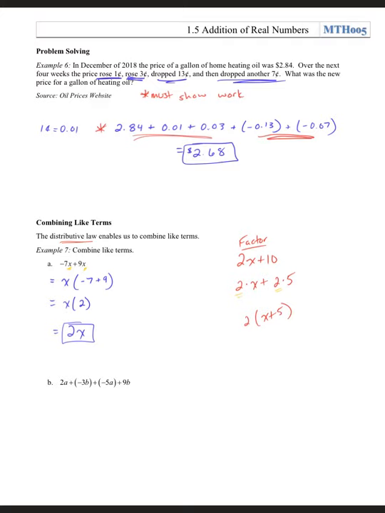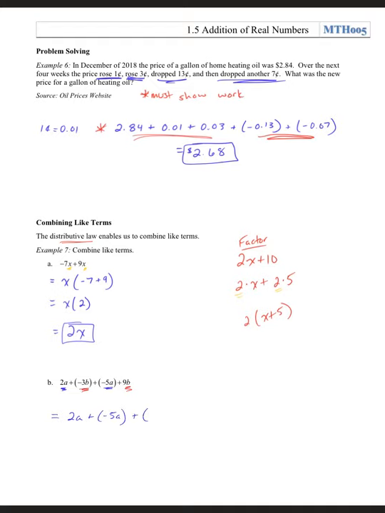So now let's look at this last one. We have 2a plus a negative 3b plus a negative 5a plus a 9b. So you can see that we have two terms that have an a, and we have two terms that have a b. What I'm going to do first is use the commutative property and reorder it so my like terms are next to each other.